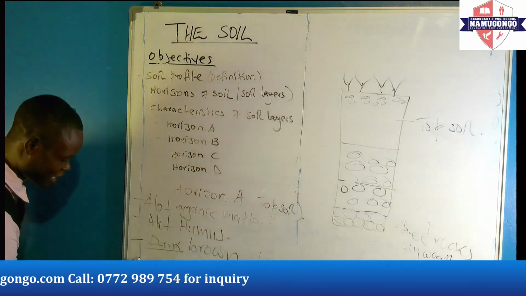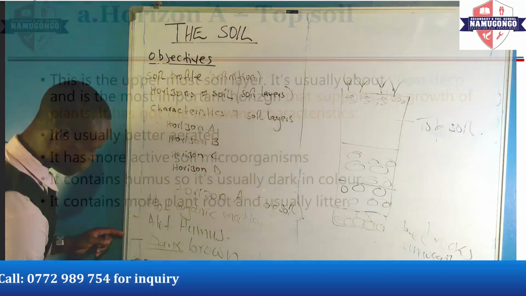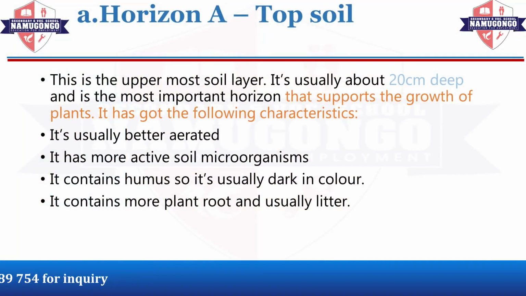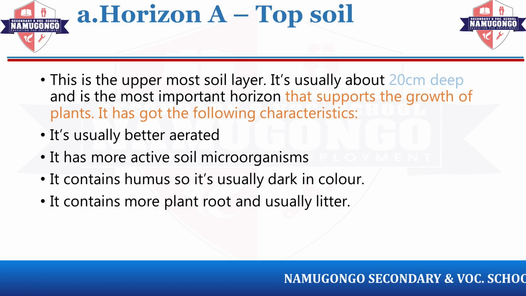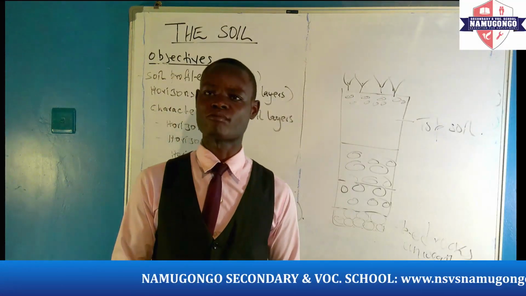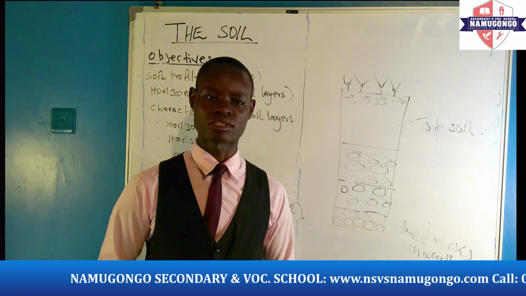Then another characteristic of this top soil is that it is known to contain a lot of what? A lot of living organisms. It is rich with active micro and macro organisms. What are they doing there?